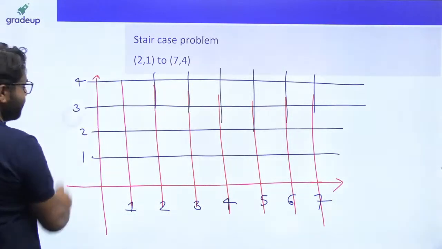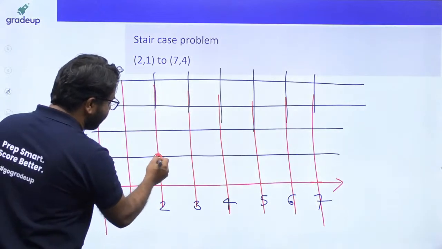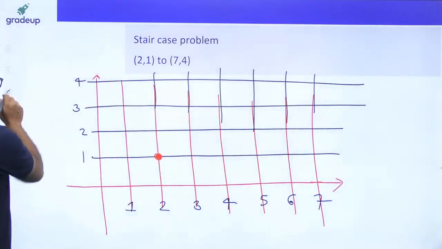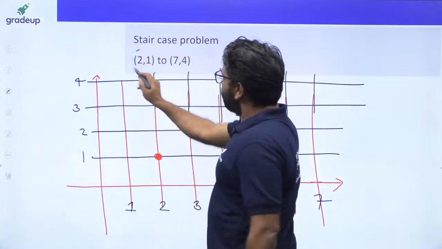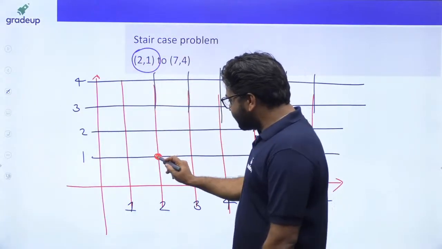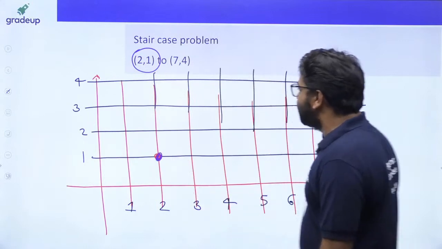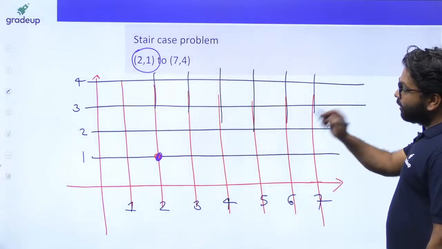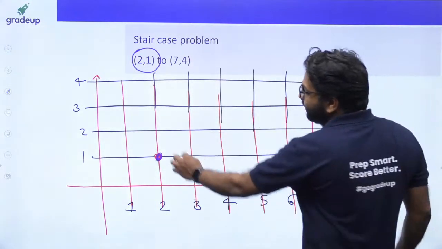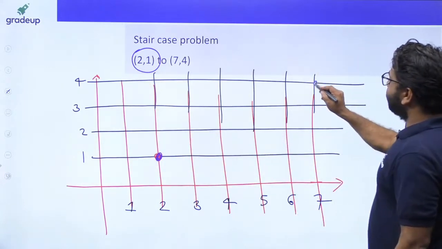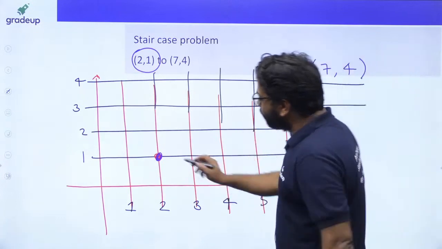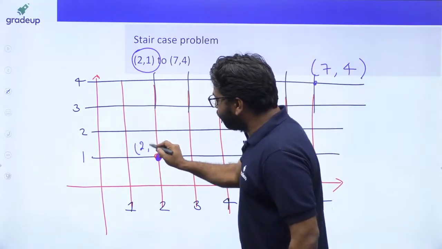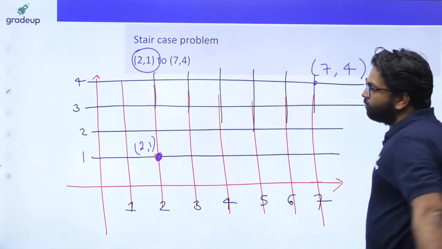Now there is one robot that is situated over here, at 2, 1. That robot wants to go from coordinate 2, 1 to coordinate 7, 4.